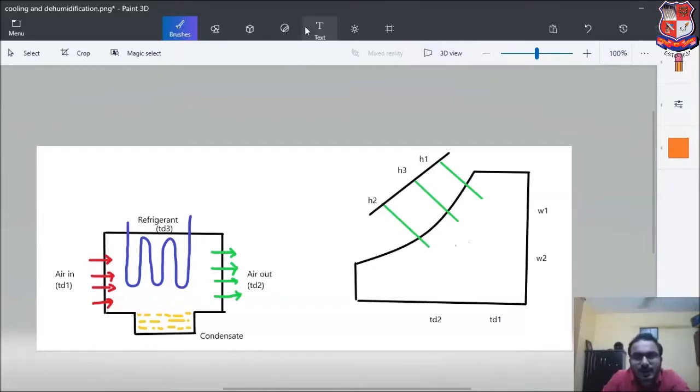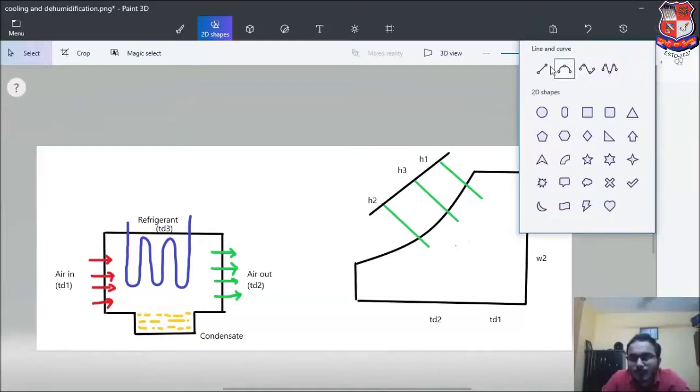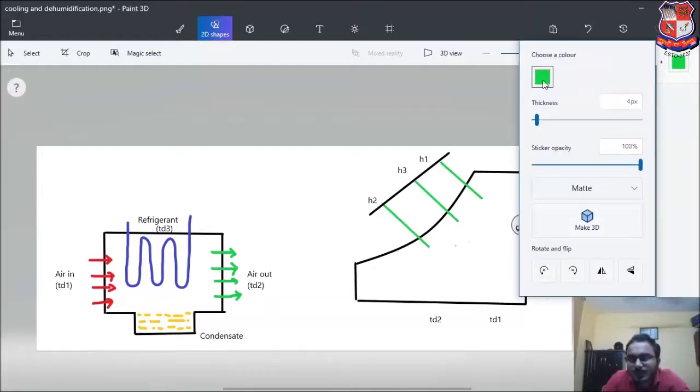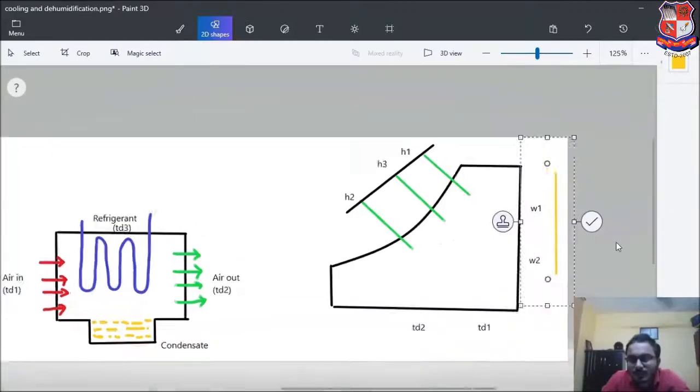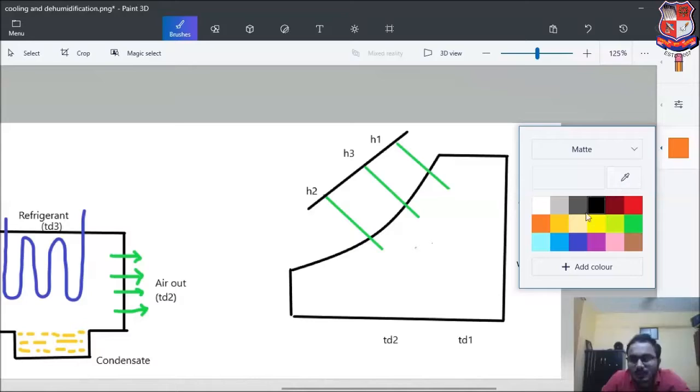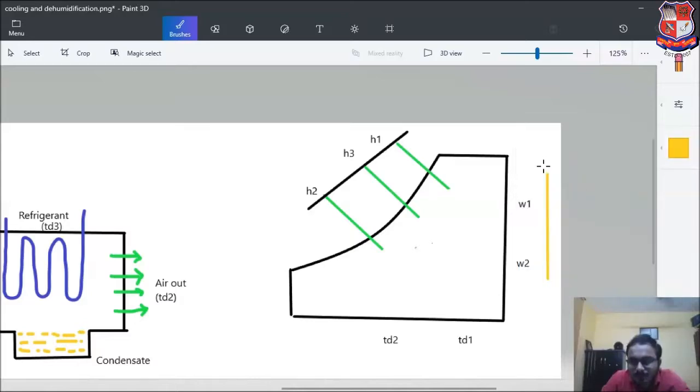So let us say that we are given a sensible heat factor line here, and some markings are given.